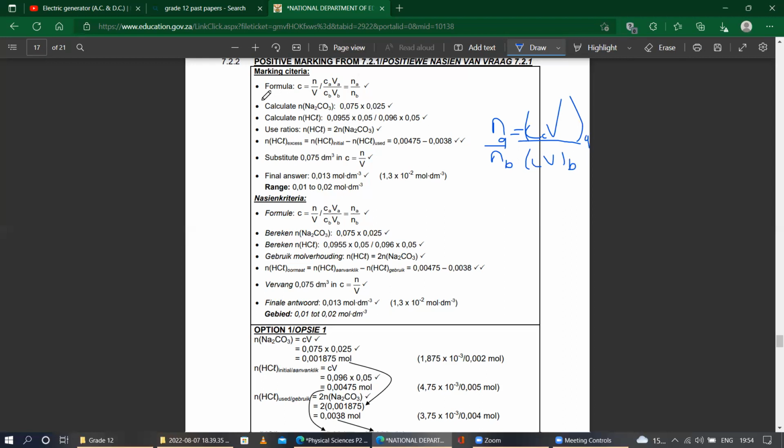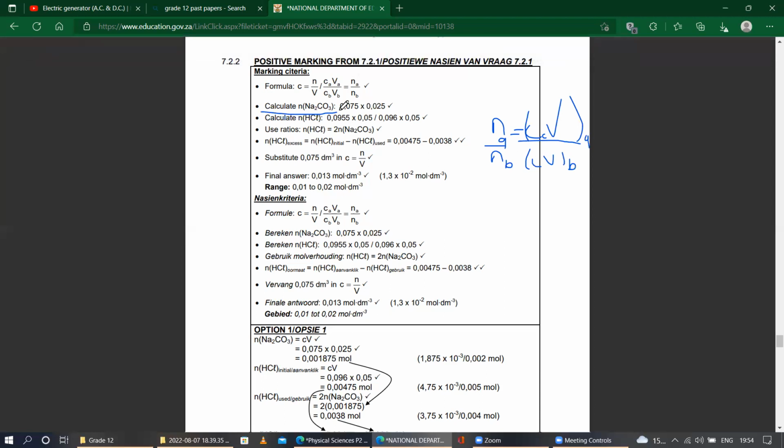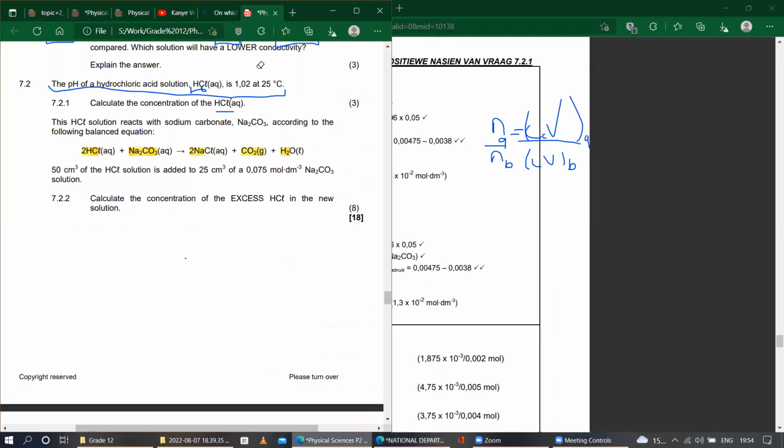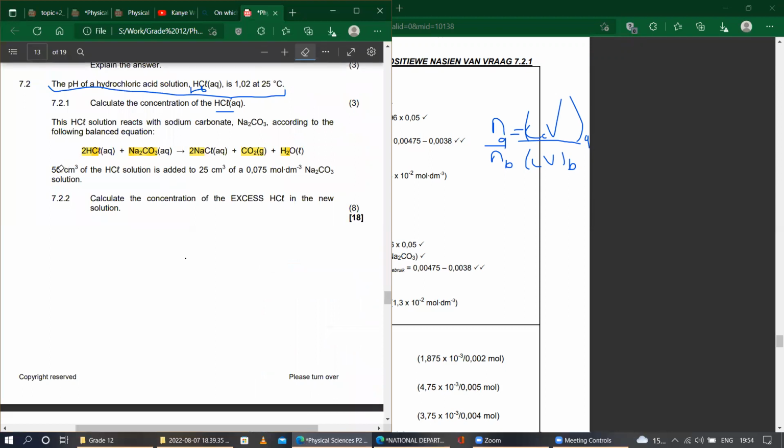Then we calculate the number of moles of the sodium carbonate, where you take the concentration and the volume and multiply them together, which is 0.075 mole per decicubic meter multiplied by 0.025 decicubic meter.